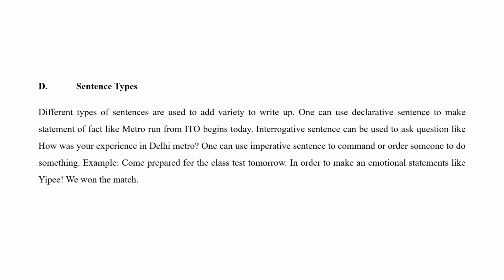An interrogative sentence can be used to ask a question, like: How was your experience in Delhi Metro? One can use an imperative sentence to command or order someone to do something. Example: Come prepared for the class test tomorrow. An exclamatory sentence is used to make an emotional statement, like: Yippee, we won the match!